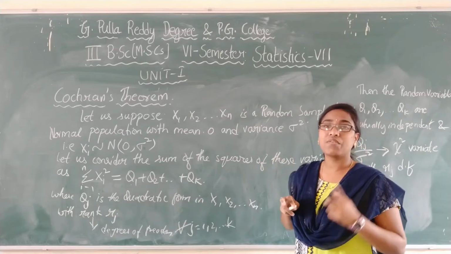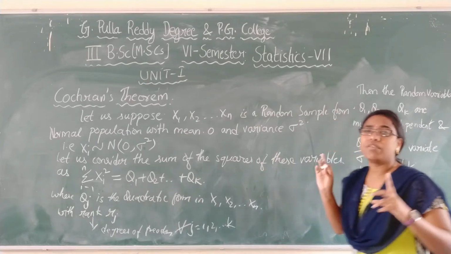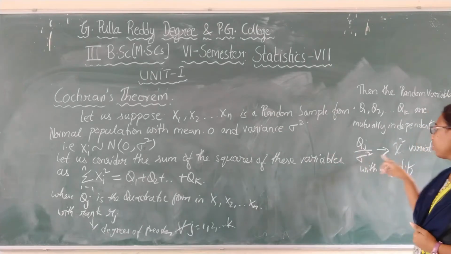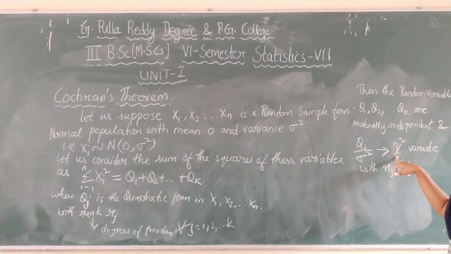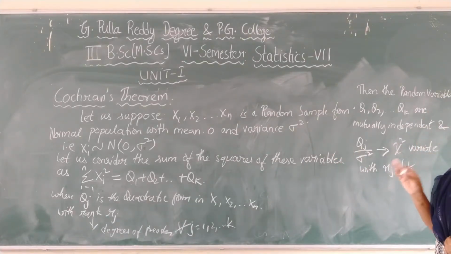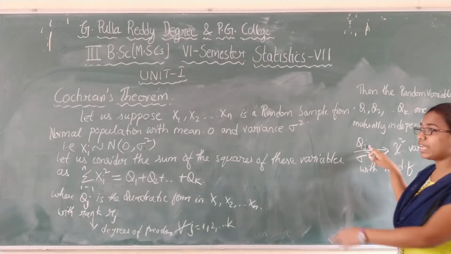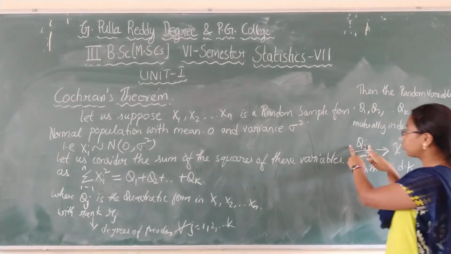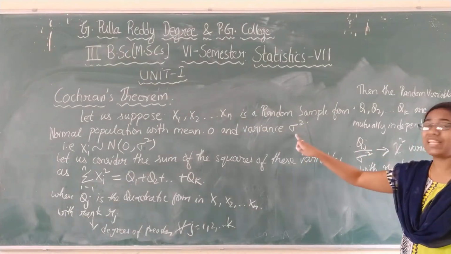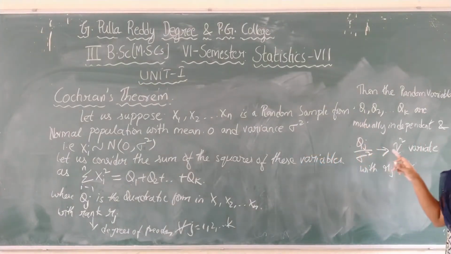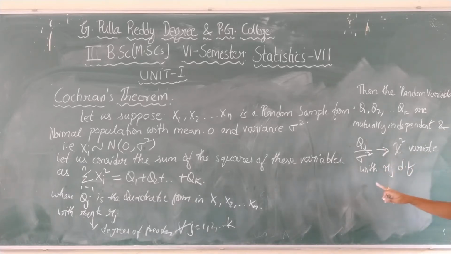Standard normal means the variance will be 1. So if you want to remember simply, remember the chi-square definition, that it is the square of the standard normal variate. Here Qj indicates the squares only, but with the variance sigma square. For a standard normal variate the variance should be 1, so divide by sigma square. Then that Qj by sigma square is a chi-square variate with Rj degrees of freedom.